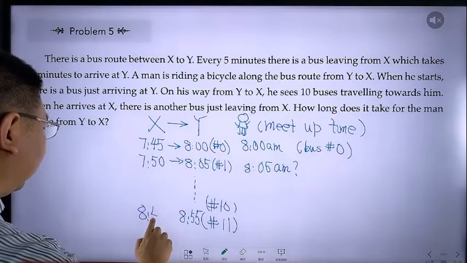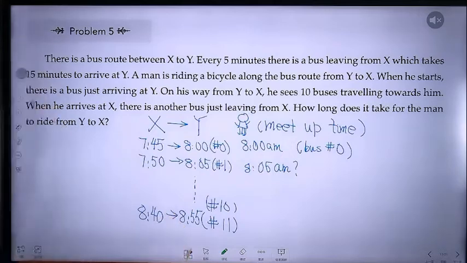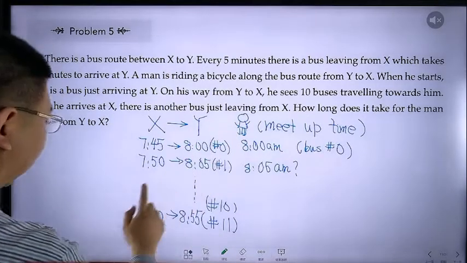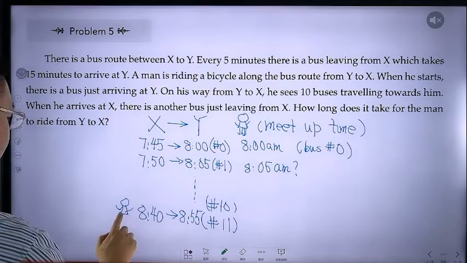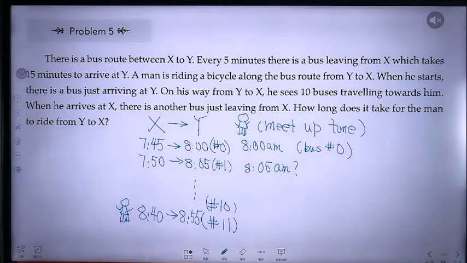The starting time is just 8:40, so it's 8:40 to 8:55. That would be the time that this guy reaches the destination X. So then what would be the total distance? I think that would actually be 40 minutes.